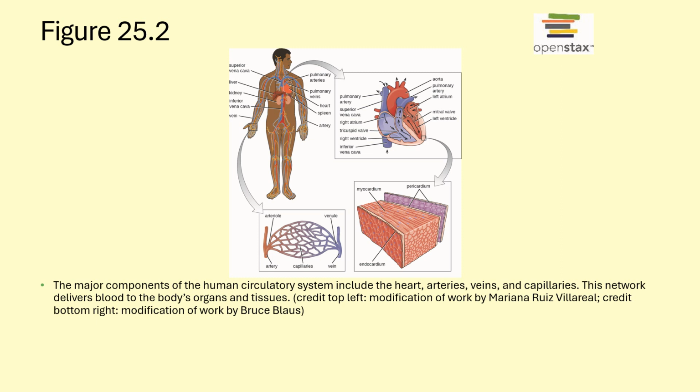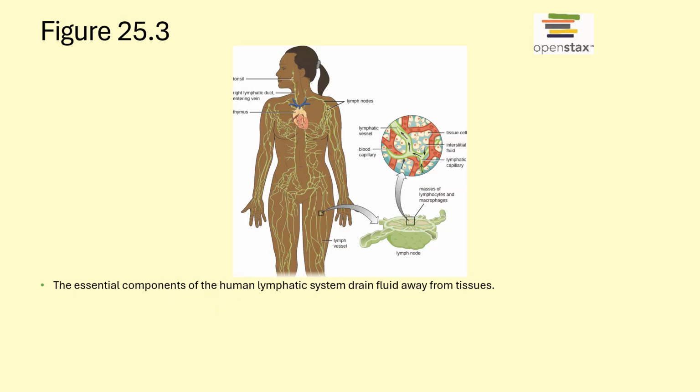So major components of the human circulatory system are going to be the heart, all of the blood vessels, so your arteries, your veins, your capillaries. As I said, it's a transport system. And then the lymphatic system is going to include, in this pale green color, all the lymphatic vessels.